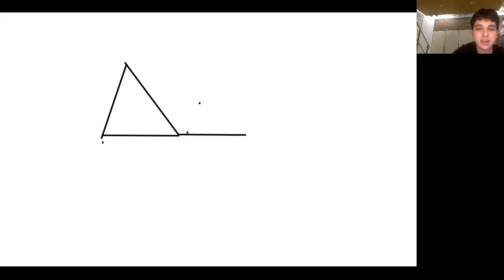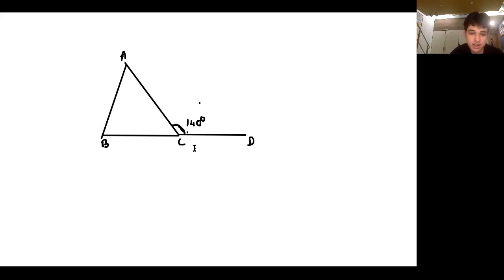Let's say this is A, this is B, this is C, and this is D, and I know that this value is 140 degrees.